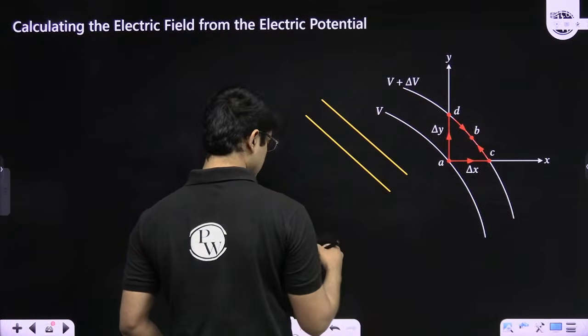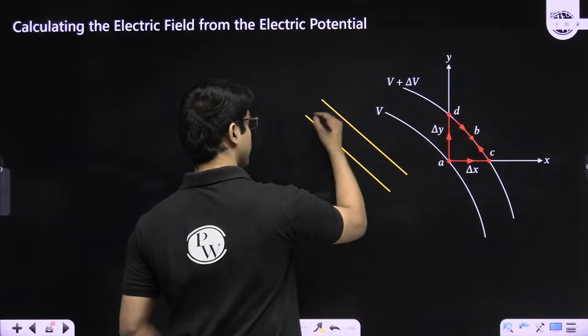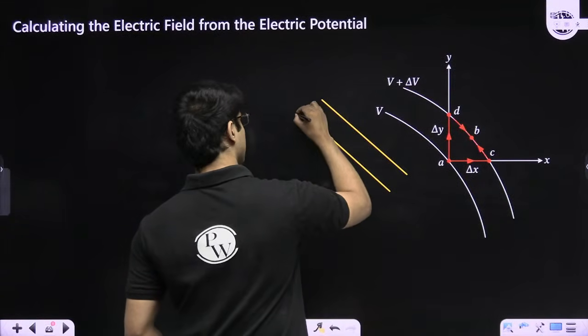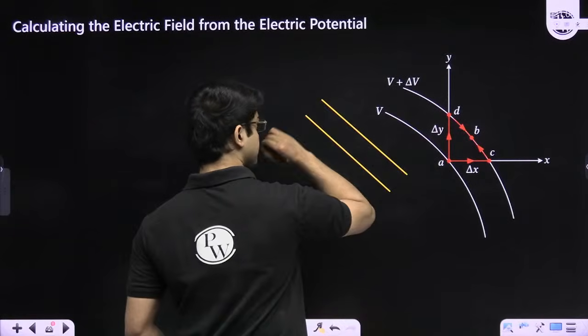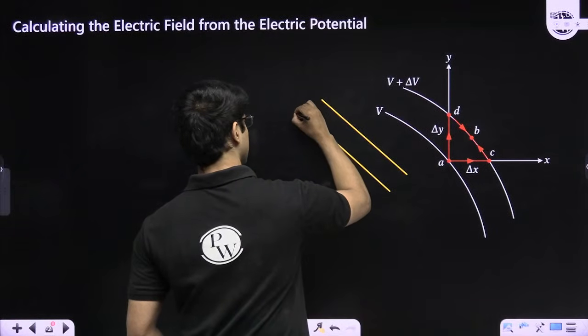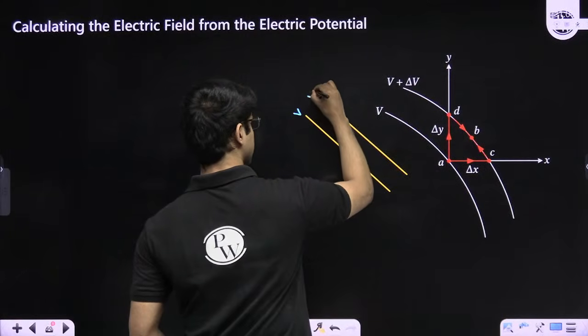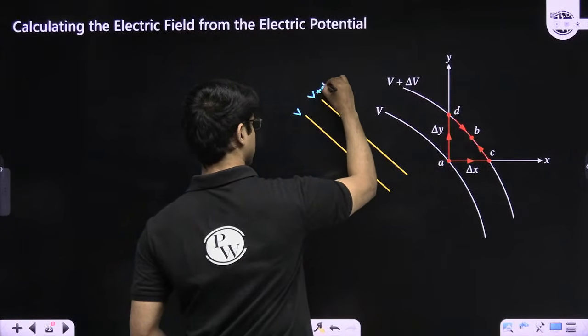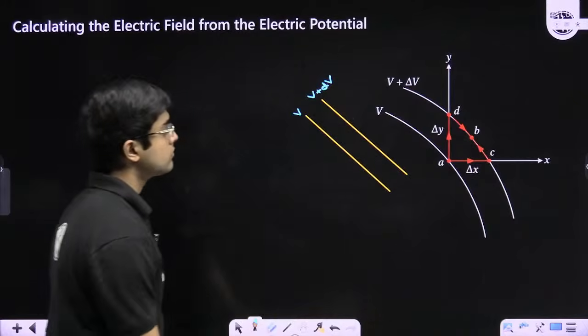These two are equipotential surfaces. This surface has potential V and this surface has potential V plus dV.